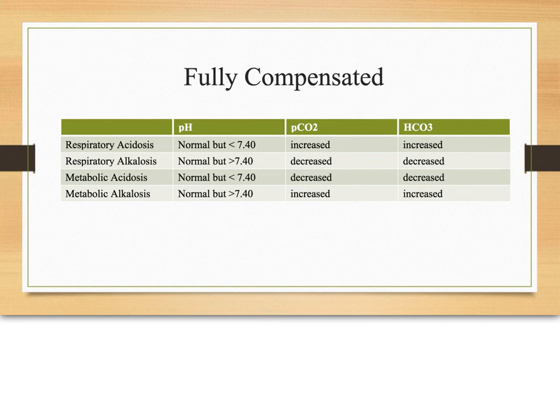The PCO2 and the bicarbonate are both going to be decreased. And for metabolic alkalosis, more alkalotic, the pH is going to be closer to 7.45, and both PCO2 and bicarb are increased. So again, the importance of not just stopping at evaluating the pH.